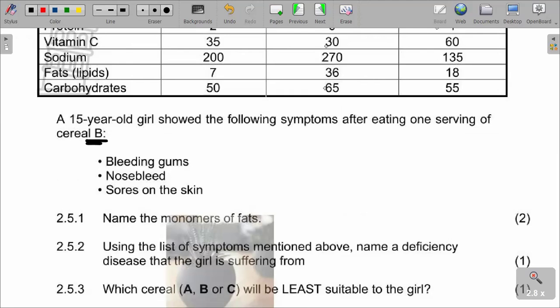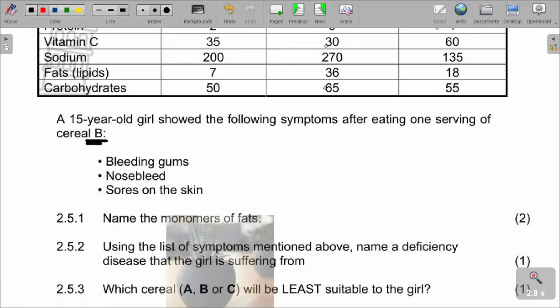The first question is saying, name the monomer for fatty acids, and then we are supposed to list the symptoms mentioned above, and name a deficiency disease that the girl is suffering from. If you can check it again, this question is repeating what we have answered.